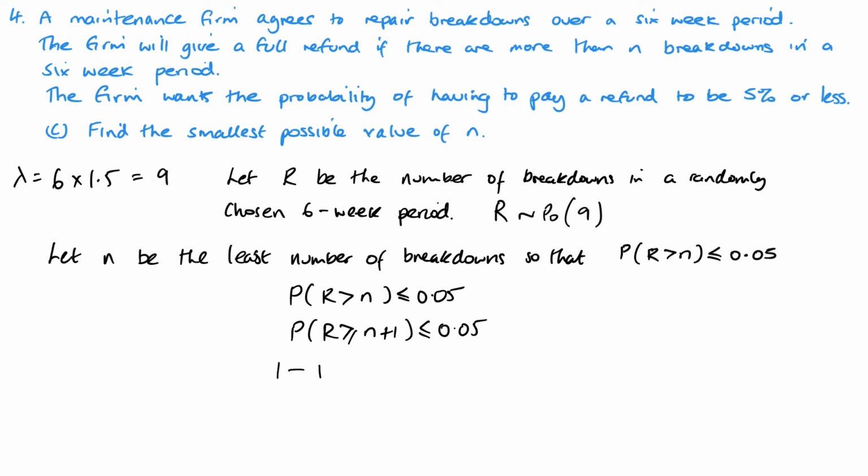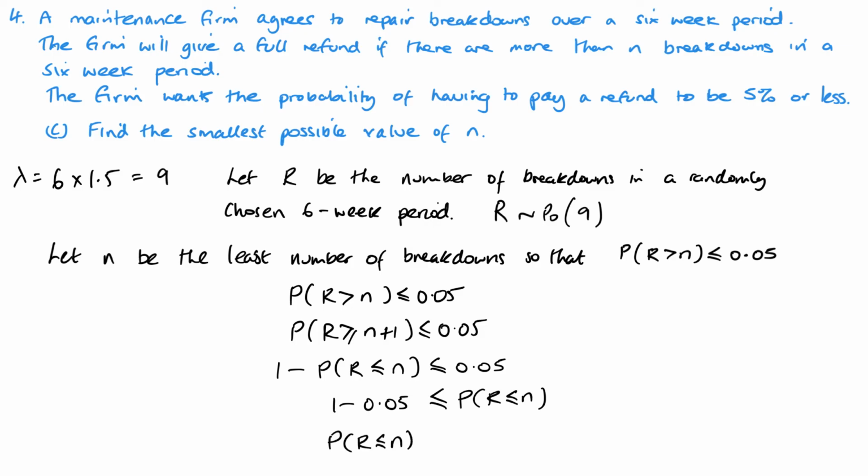So it's 1 minus the probability where R is less than or equal to N, is less than or equal to 0.05, and then a little bit of rearranging, we get 1 minus 0.05. So now we've got the probability where R is less than or equal to N is greater than or equal to 0.95. That is what we're looking at, yeah?